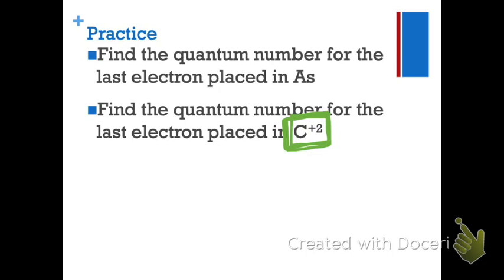Sorry, 2s2. Does that make sense? Why is it 2s2? Carbon usually would have 6 electrons, but since it's got a plus 2 charge, that means it's short 2 electrons. So we move back to only 4, and that's like beryllium, which is 2s2.